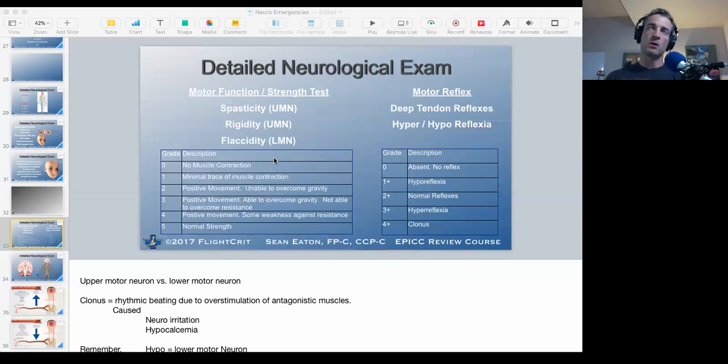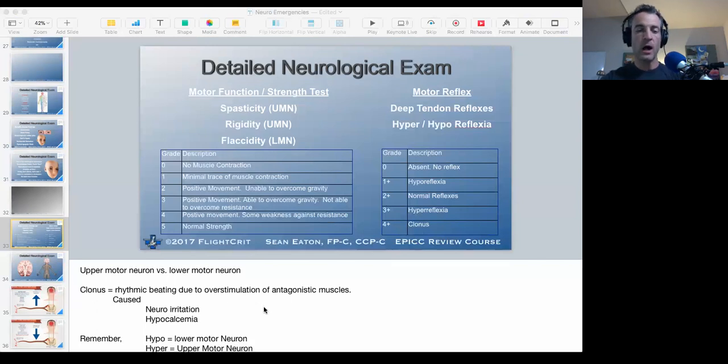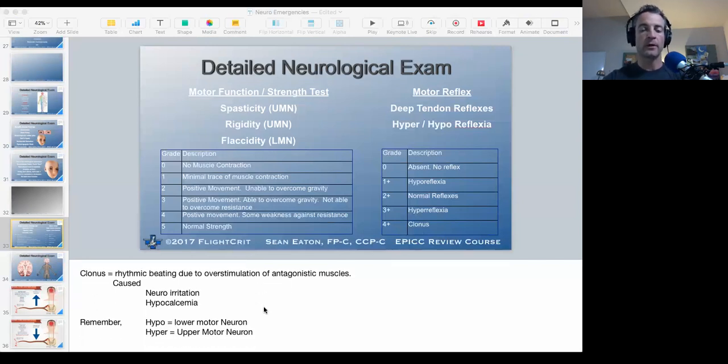So keep that in mind as you are studying these different upper and lower motor neuron injuries. It's because, how do I describe this?